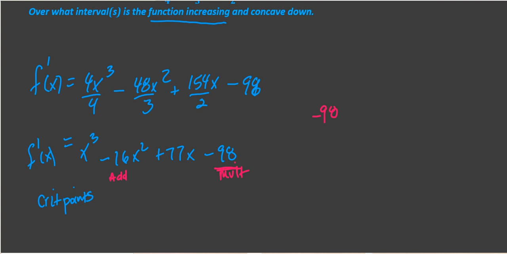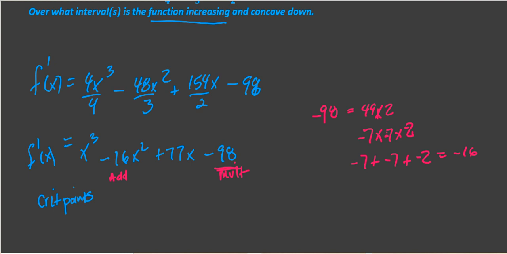So 98 is really 49 times 2, which really is 7 times 7 times 2. So technically, 7 times 7, and if I made them all negative, 7 times 7 times negative 2 will still give me a negative 98. And if I added a negative 7 plus a negative 7 plus a negative 2, that would give me a negative 16.